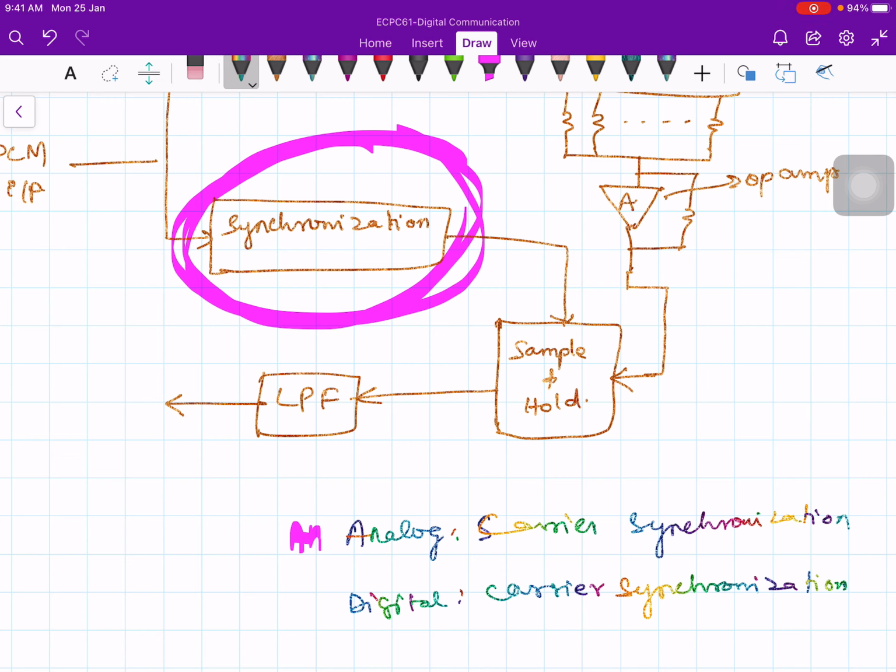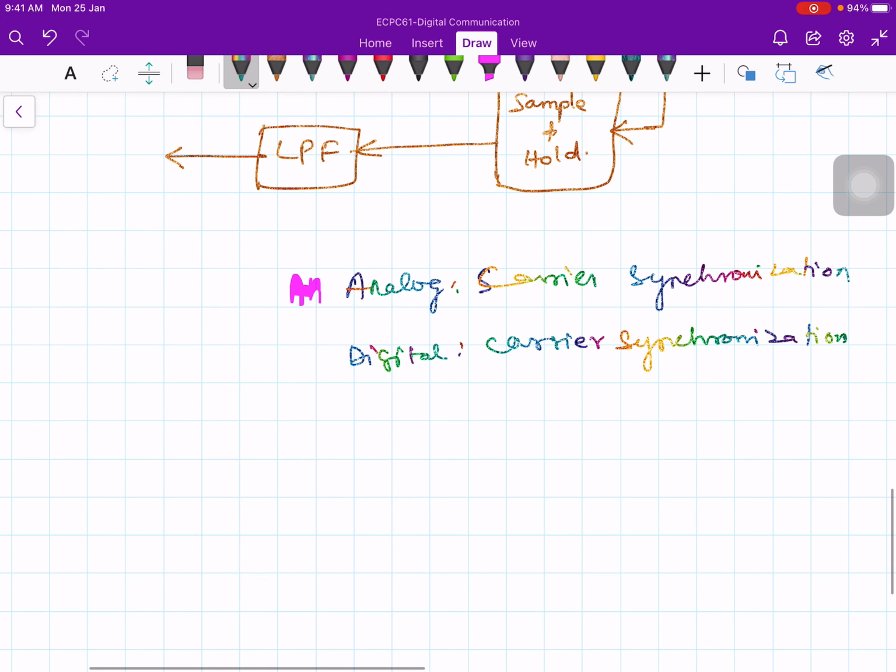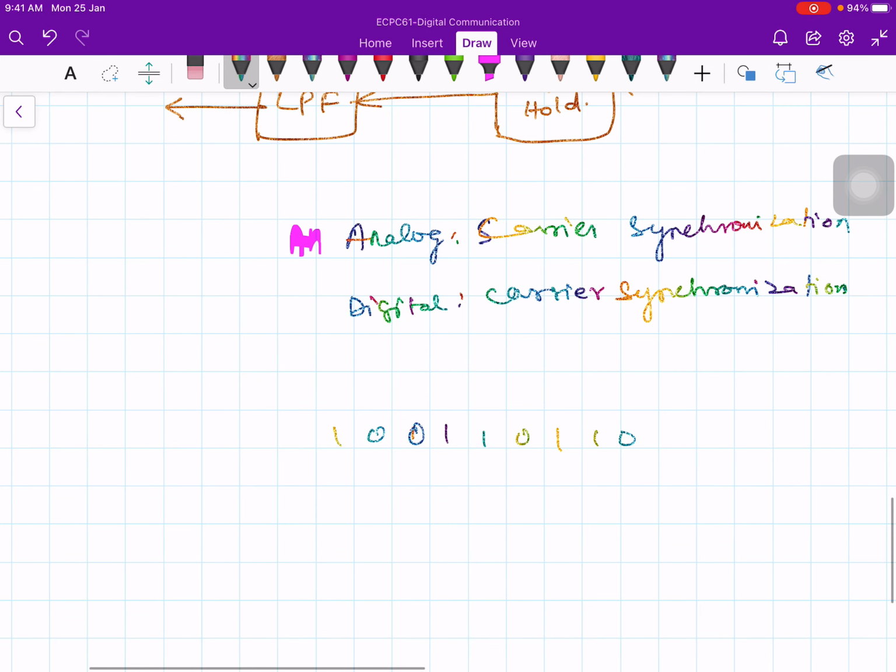Okay, but remember, when we were doing the process of encoding, we were talking about samples. And the samples are put into a group of bits, and these bits were transmitted like 1 0 0 1 1 0 1 1 0 like this. Then how do you transmit?